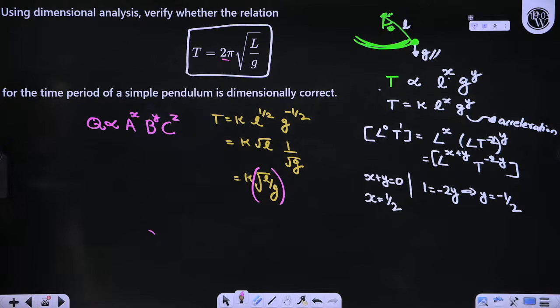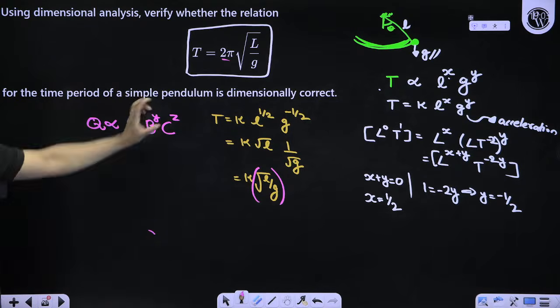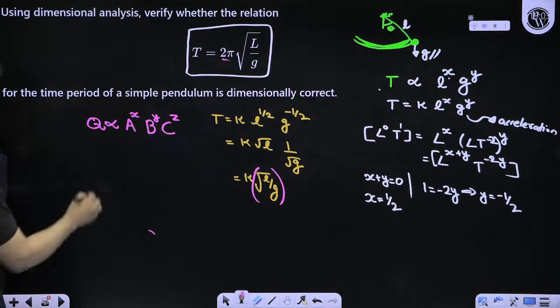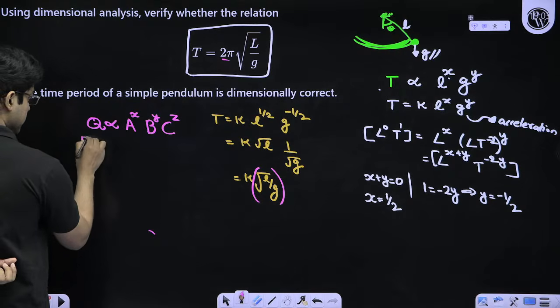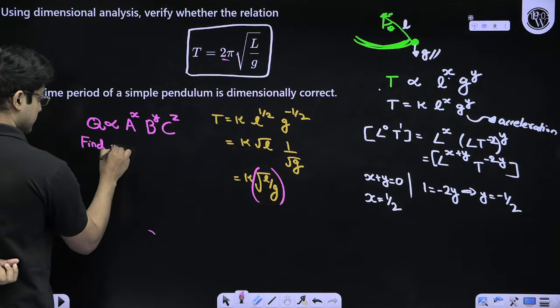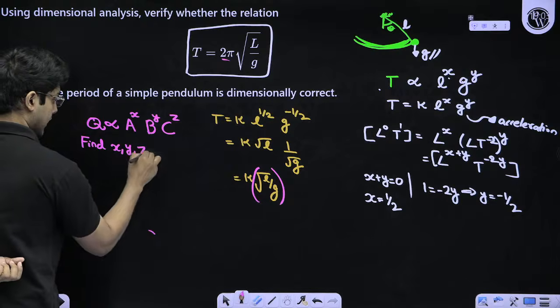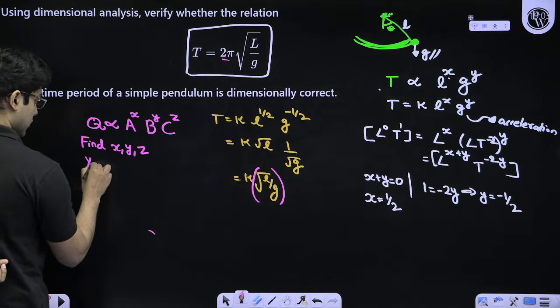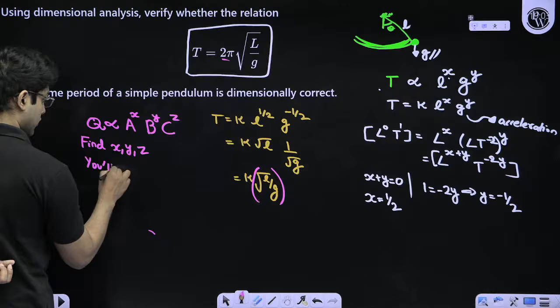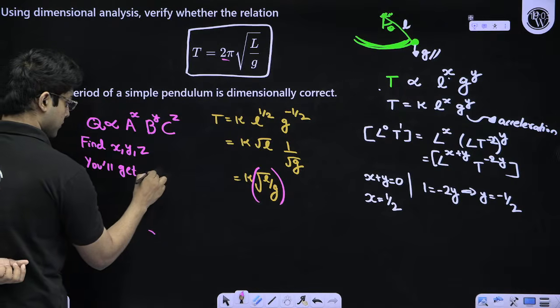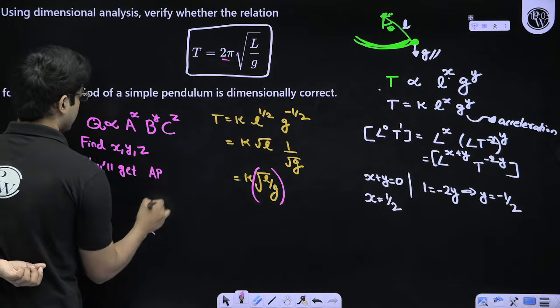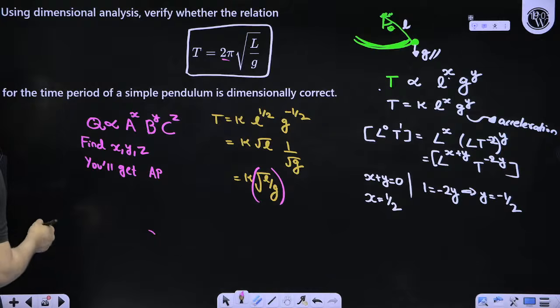Then you find x, y, and z, and you will get the approximate formula, not approximate, but a formula without a constant.